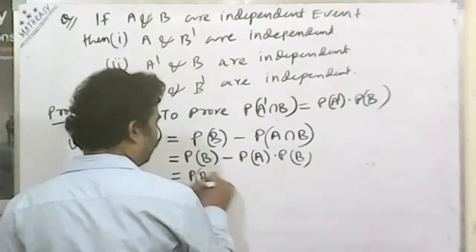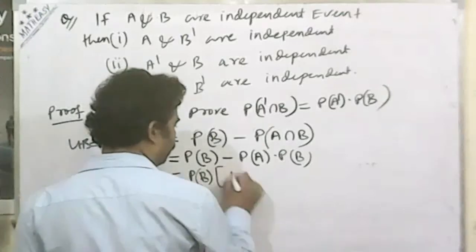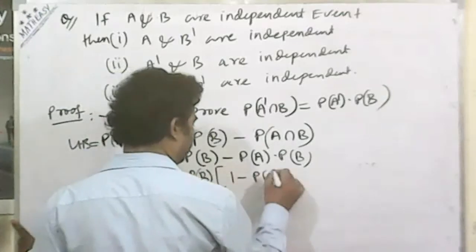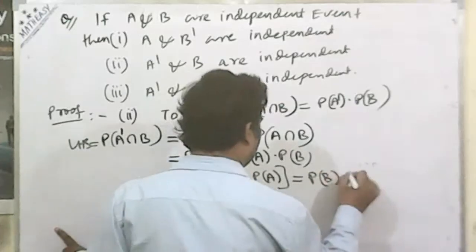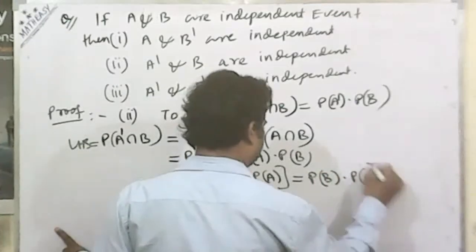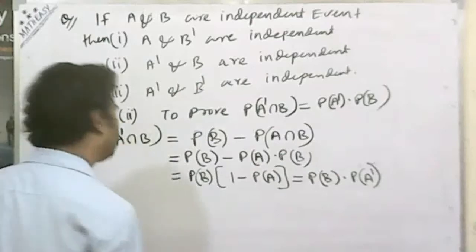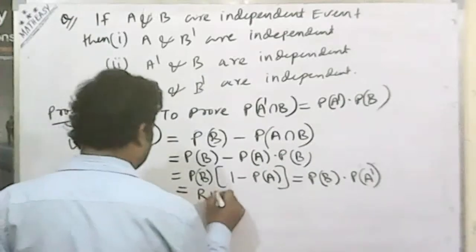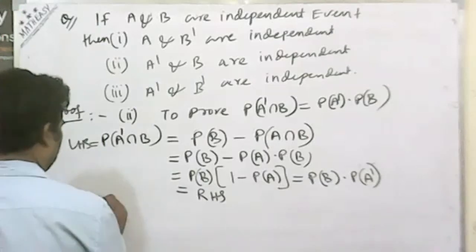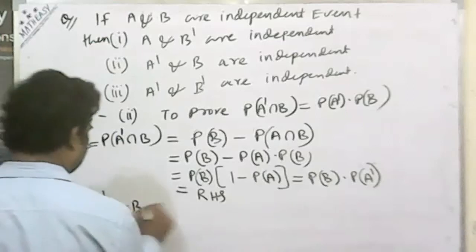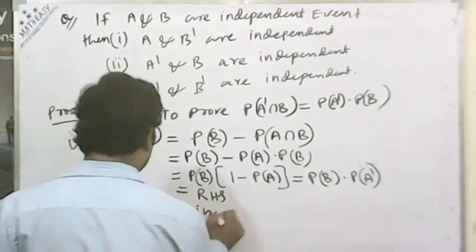Taking common probability of B, that is 1 minus probability of A, which is equal to probability of B into probability of A dash, which is equal to RHS. So A dash and B are independent.